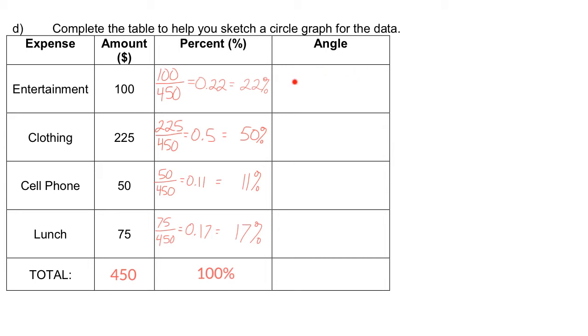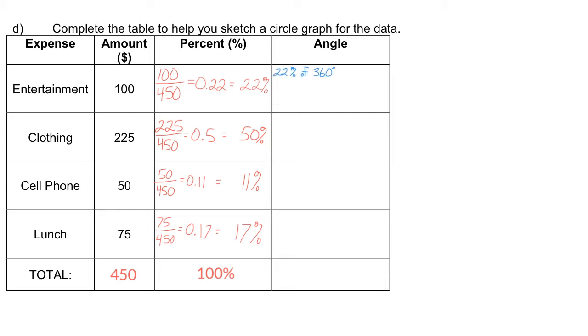Now, how do we figure out what angle to make each piece when we build our circle graph? Well, one thing you need to know is that there are 360 degrees in an entire circle. So if entertainment is 22% of my expenses, the piece of the pie is going to be 22% of my 360 degrees.